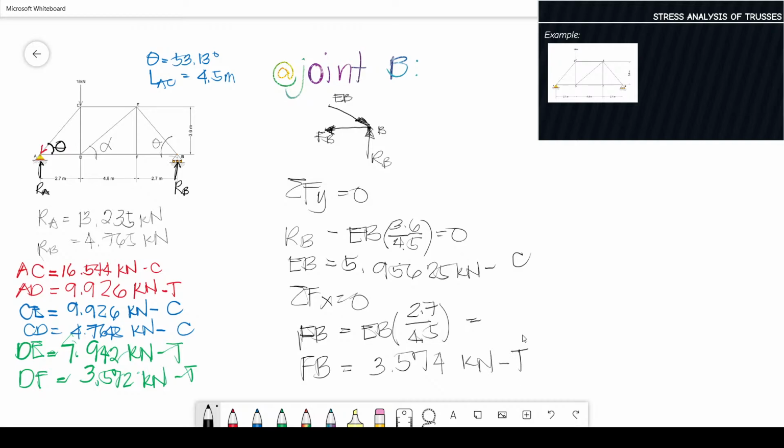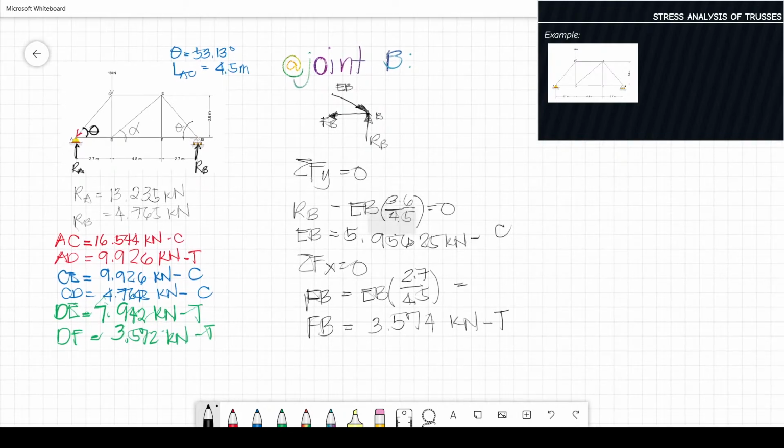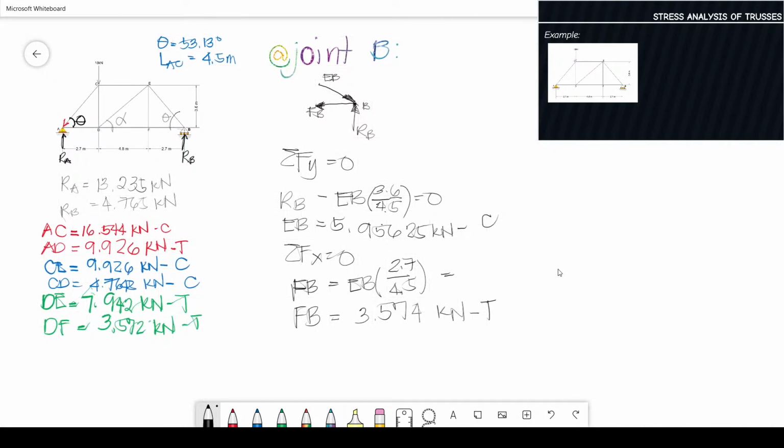Let me zoom out. So, EB is equal to 5.956 kilonewton compression, and FB is equals to 3.574 kilonewton tension.